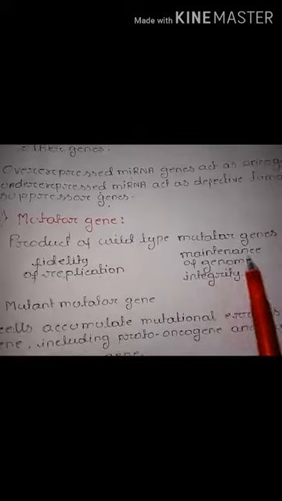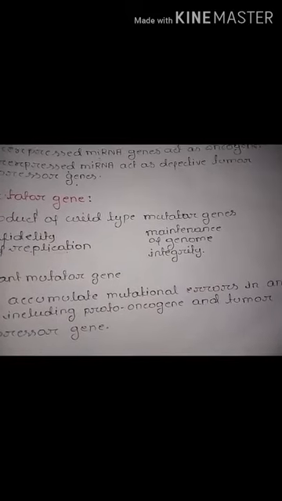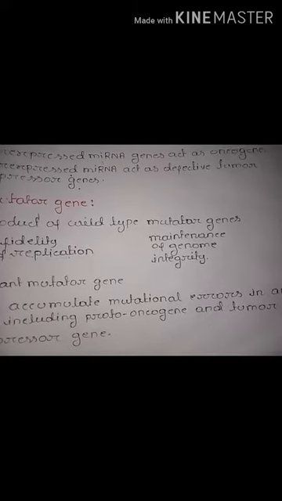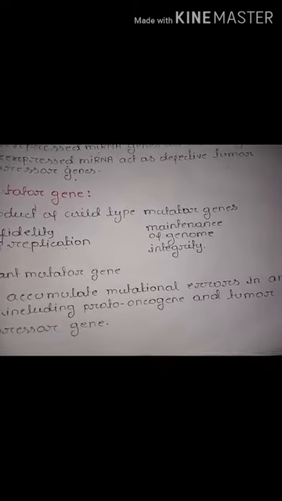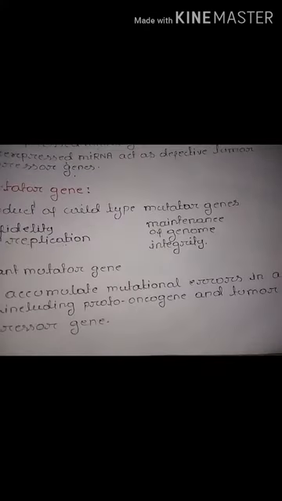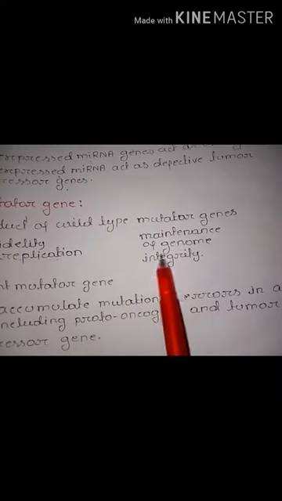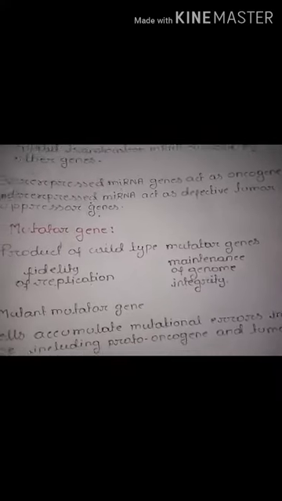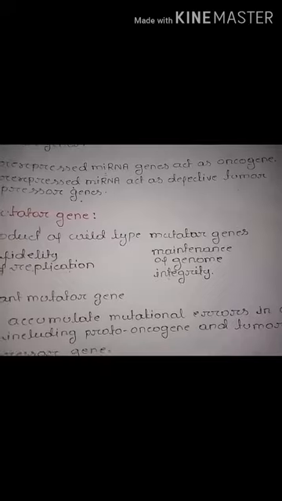Maintenance of genome integrity is necessary. If genome integrity is not maintained, the gene sequences or the genome change from generation to generation. Fidelity of replication and maintenance of genome integrity depend on each other, because if the fidelity of replication is not maintained, maintenance of genome integrity is impossible.